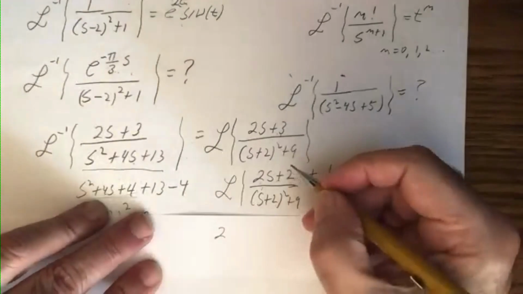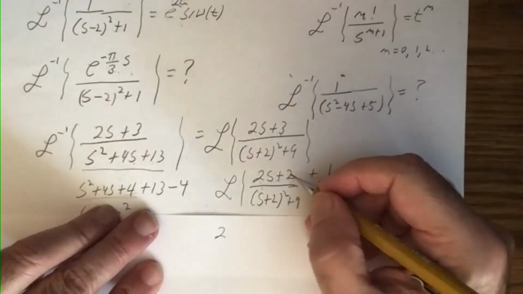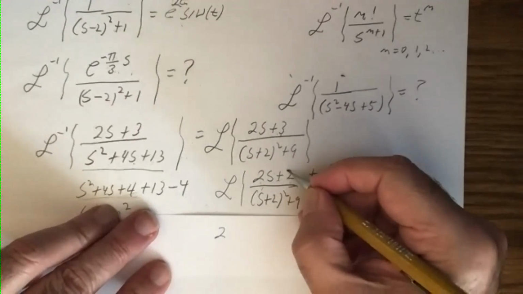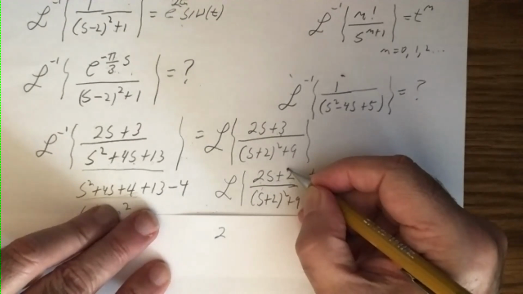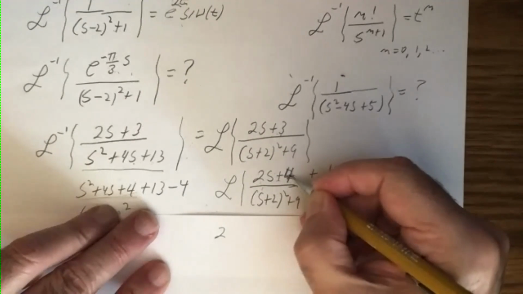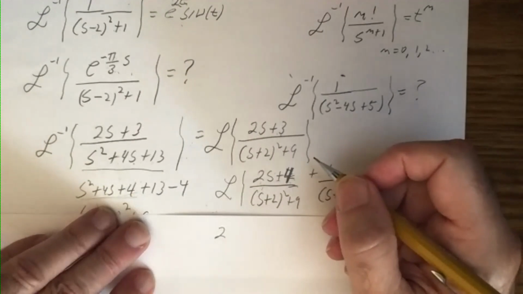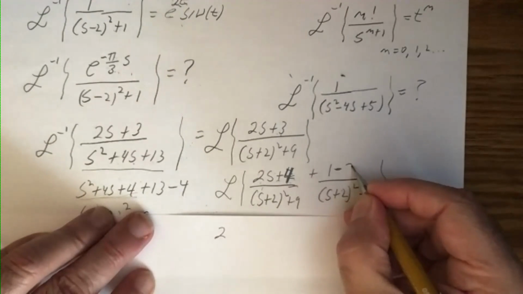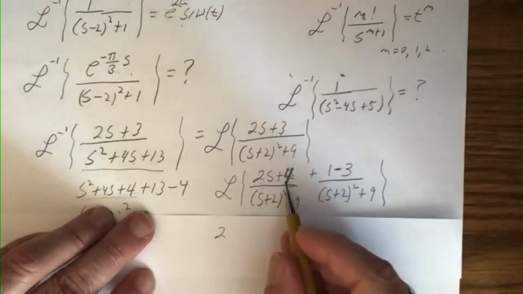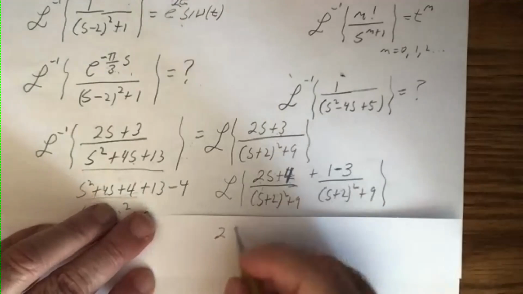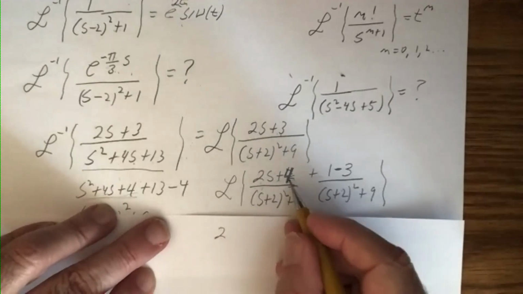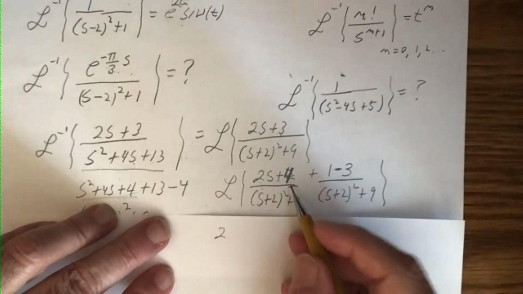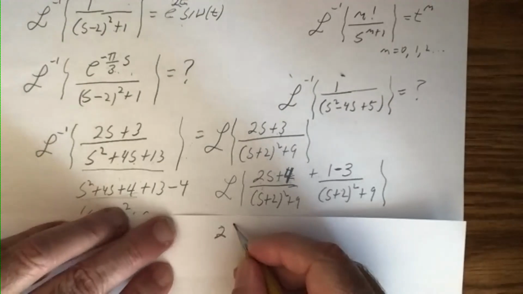Okay, so anyway, if I make this a 4, I can make this a 4. Did I copy it wrong? If I make this a 4, and then minus a 3, now I can factor the 2 out of here. My notes are wrong, and that's what's confusing me.